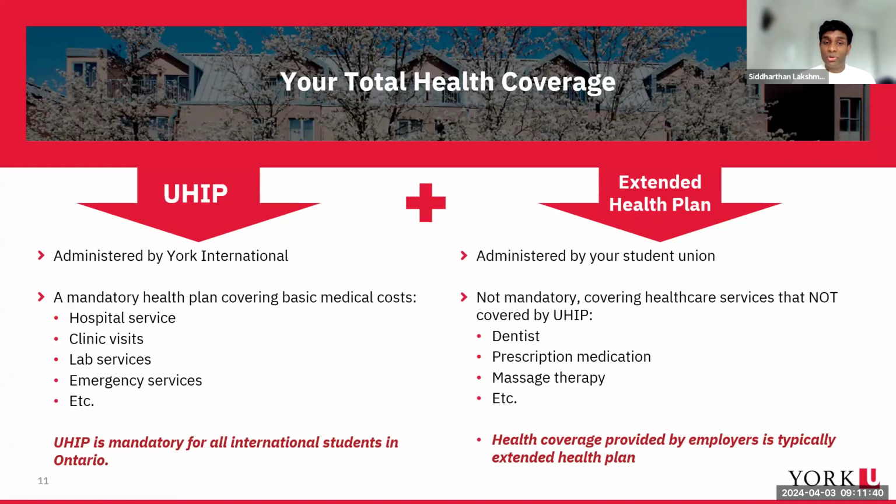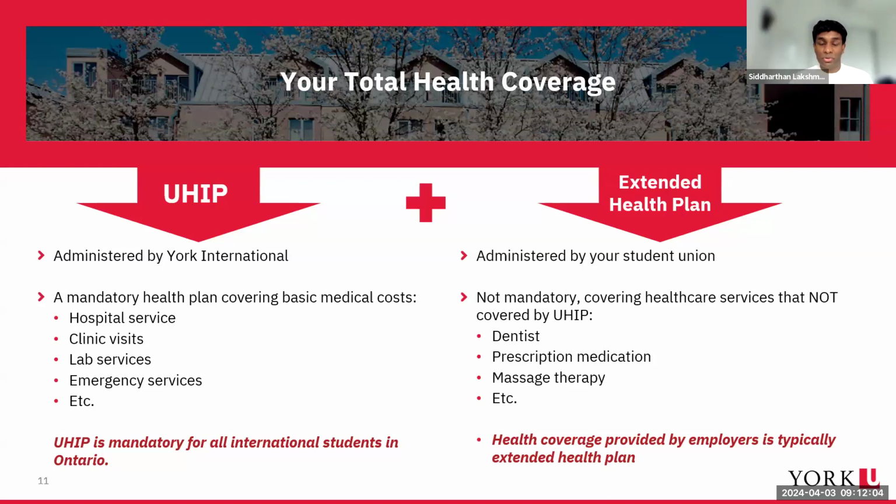The second component of your healthcare coverage is what is known as the extended healthcare plan. This one is administered by your student union. This is not mandatory in the same sense as UHIP, as you may be eligible to opt out of it. However, the administrators that administer this plan will go further into detail about the opt-out procedure as well as the eligibility criteria for this plan.